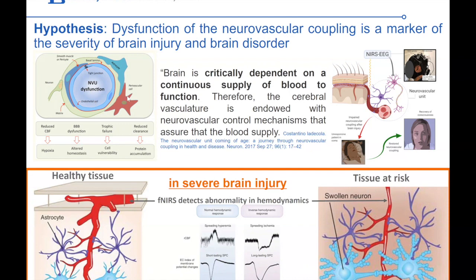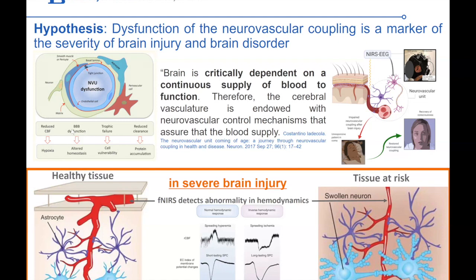Now, this is in general, and there is a lot of recent work in this area. One can look into this review by Adekola, which says that neurovascular dysfunction can take a lot of different shapes. For example, there is reduced cerebral blood flow, like I said here, which leads to hypoxia, which can be a transient hypoxia, causing damage to the tissue.